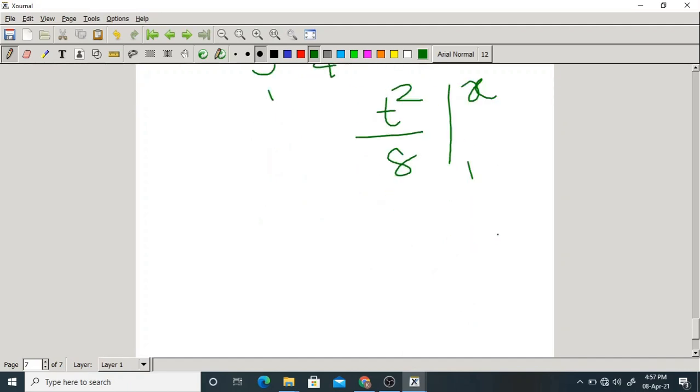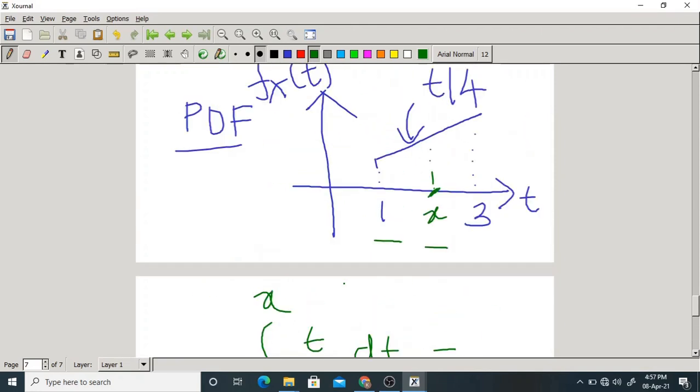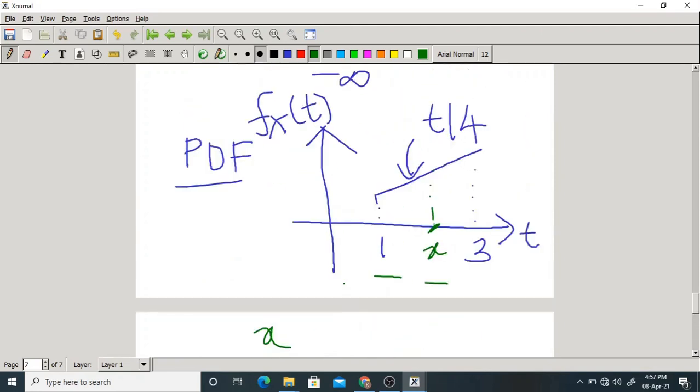Now what will happen? This is x square minus 1 by 8. I am not writing each and everything here. If x lies here, the answer would be 0. If x lies here, you get this answer. If x is more than 3, obviously the answer should be 1.